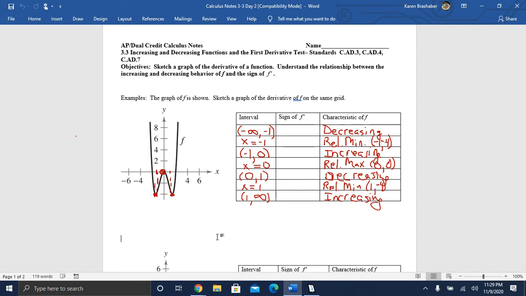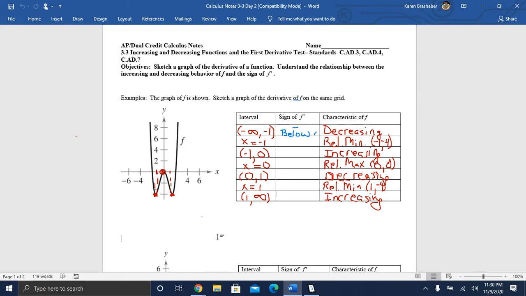And then the last thing that I'll do is look at what are the implications for the sign of the derivative. So I know that if I have a decreasing function, then my derivative is negative. And remember that that means that we will be drawing below the x-axis.